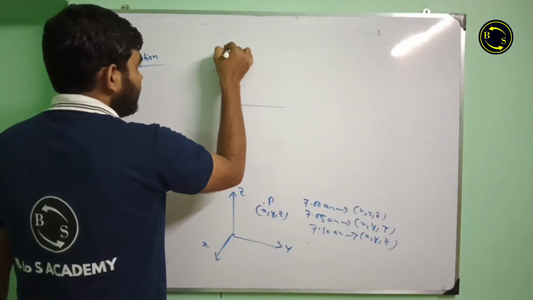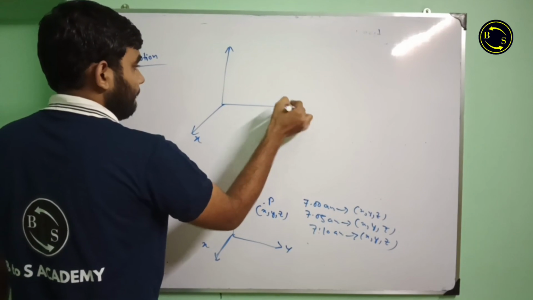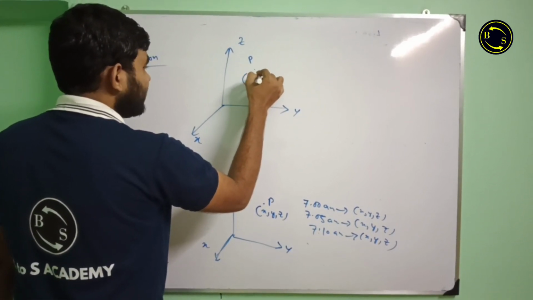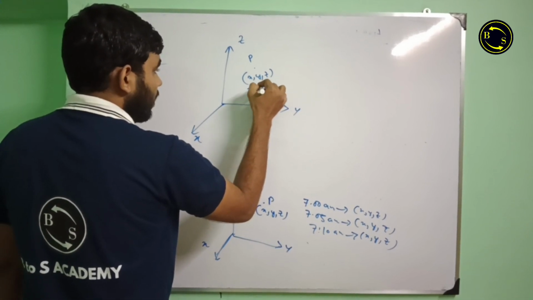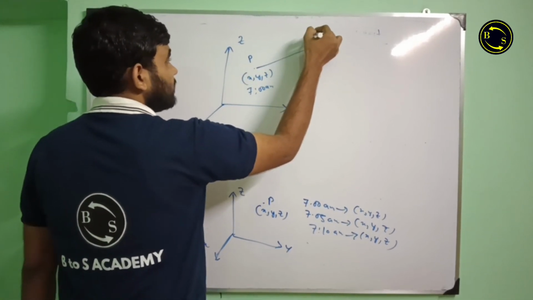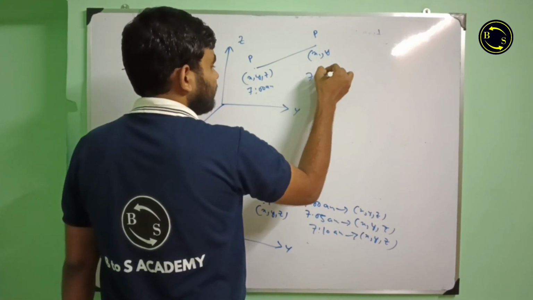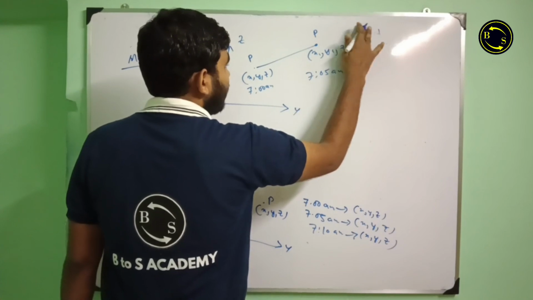Then when do we call the object is at motion? Okay. Let an object be at P at 7 a.m. and at 7:05 a.m. its coordinate becomes x1, y1, z1.